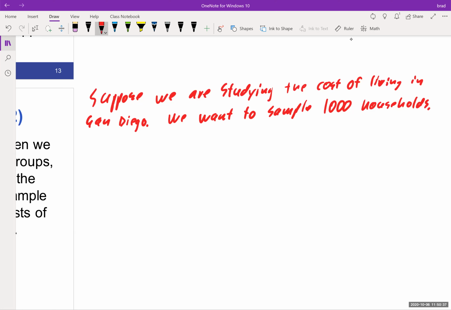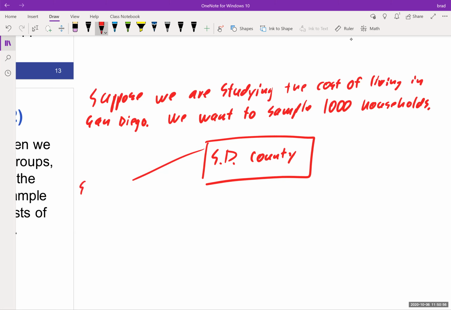Now, here's the problem. Let's divide San Diego into some categories. Let's think about San Diego County. We have the South Bay. Then we have the East County.